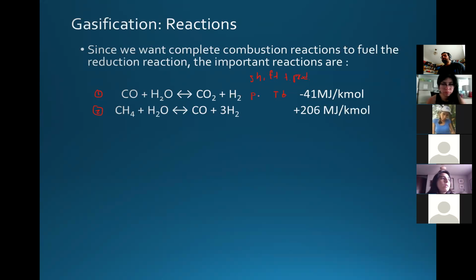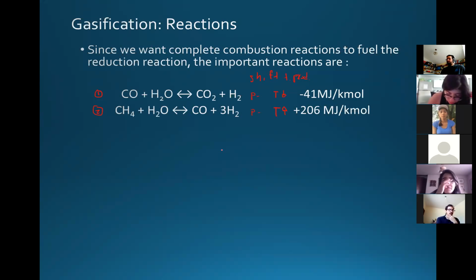In the case of the second reaction, methane to carbon monoxide and hydrogen, we need high temperatures because it's an endothermic reaction. And again, the pressure doesn't matter too much for the equilibrium part of it. But what happens to the kinetics of the reaction? If you have high pressures, you obtain a higher rate, right?